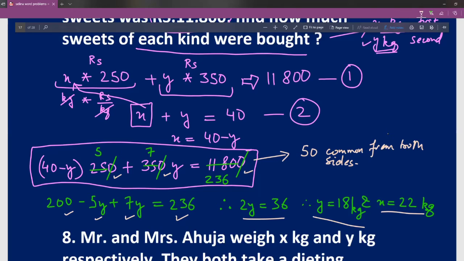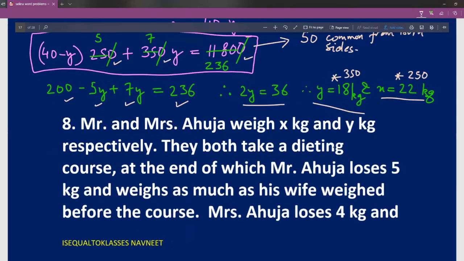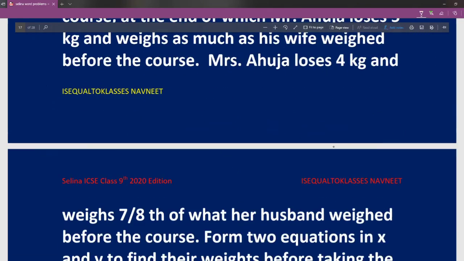If you want to verify this, multiply this by 250 and multiply 18 by 350. Your answer should be this. That is how you can check. Let us move on to the next question.